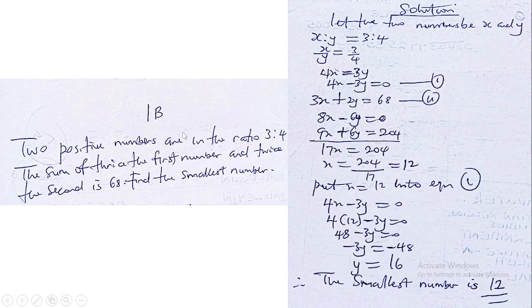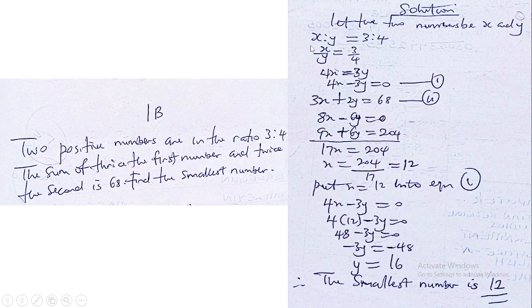The question is also very simple. We are told that the two positive numbers, which we don't know. So we don't know the two positive numbers involved, so we can use two variables to represent them. So I say here, let the two numbers be x and y. If we go back to the question, the two positive numbers are in ratio 3 to 4.